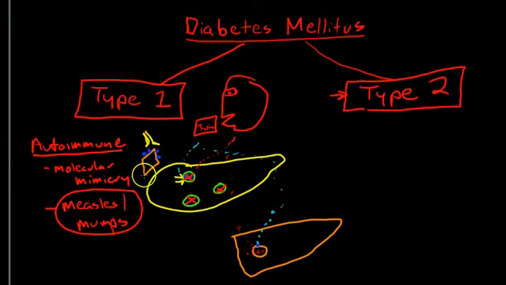There's another theory that there could be connections with very early exposure to cow's milk. Similarly, in cow's milk there may be a protein or a peptide that looks very much like a protein or a peptide that is on the beta cells in the pancreas.